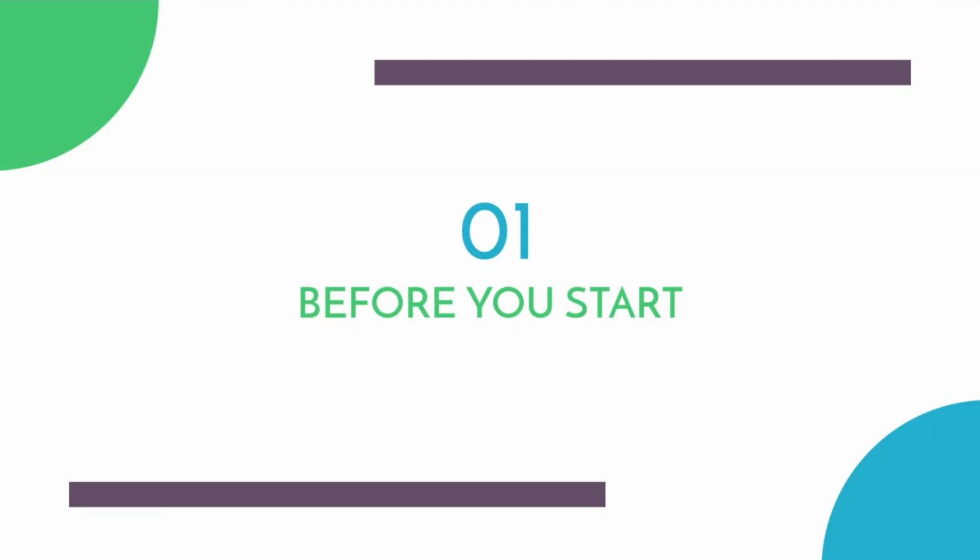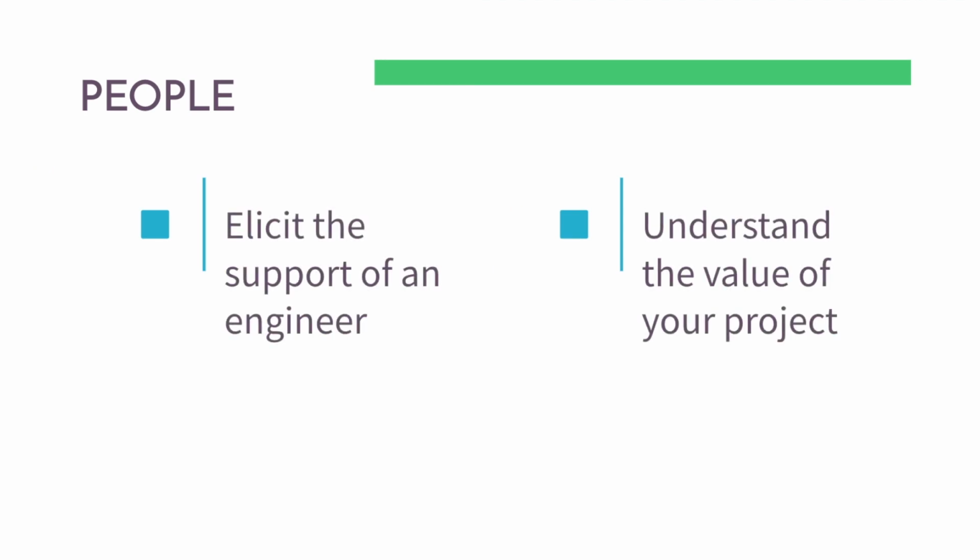Okay, so you're about to start your first data engineering project. What now? So even if you're going at this alone or as part of a small group, it's super helpful to have an engineer in your corner. It's important to understand that your relationship shouldn't be combative.